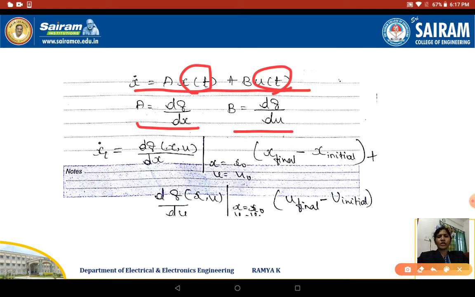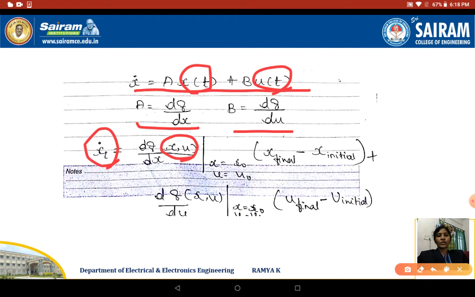For the i-th state, with i number of state variables, we can write x dot of i is equal to df by dx as a function of x comma u, about the point of equilibrium, x equal to x naught and u equal to u naught, where your system will get linearized.